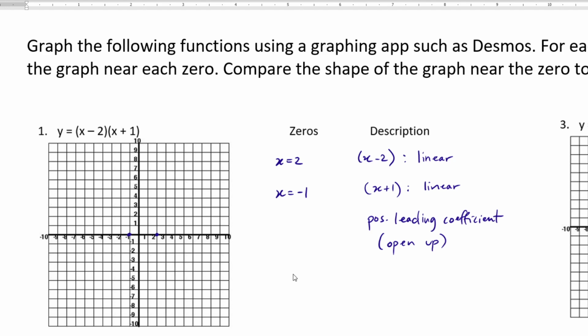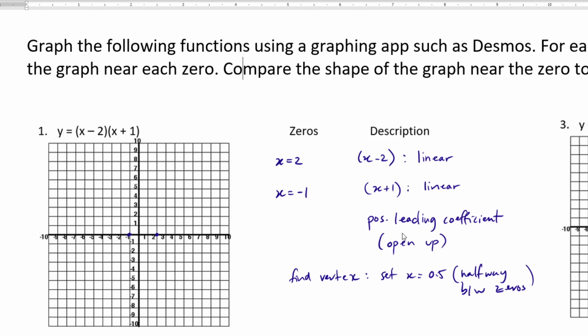So to find the vertex, I'm going to set x equal to 0.5 because that is halfway between the zeros. Right? Again, that parabola has symmetry, so the vertex is located right in the middle of the parabola.